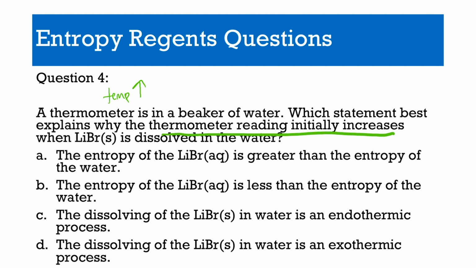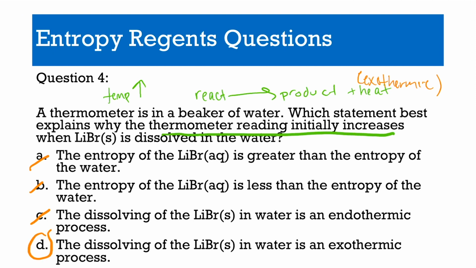So if we're talking about your reactants and your products, if the temperature increases at the end, that means heat has to be a product. So if heat is a product, that means this has to be exothermic. So if it's exothermic, we can get rid of all of the answer choices. So it has to be D.